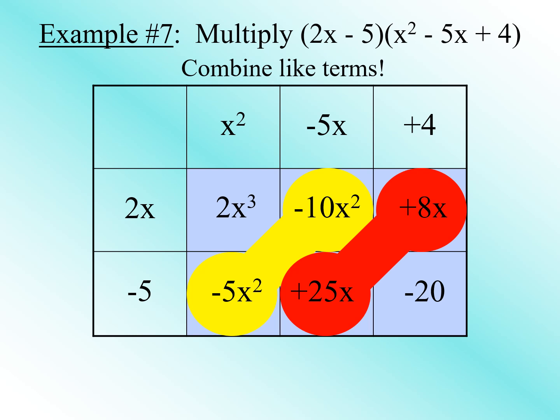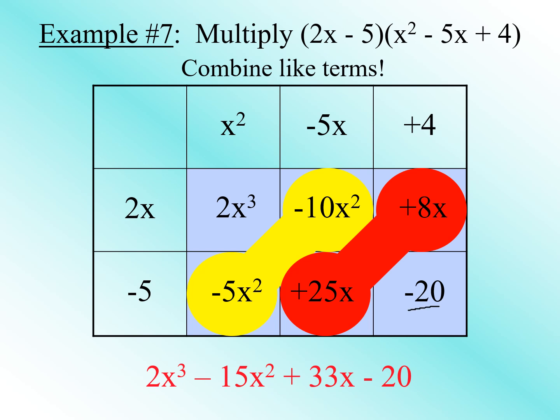We have to combine them. And after combining, our final answer would be 2x cubed, negative 10 plus negative 5, that is negative 15, copy x squared. And then 8 plus 25, that is 33, copy x. And then bring down the negative 20.